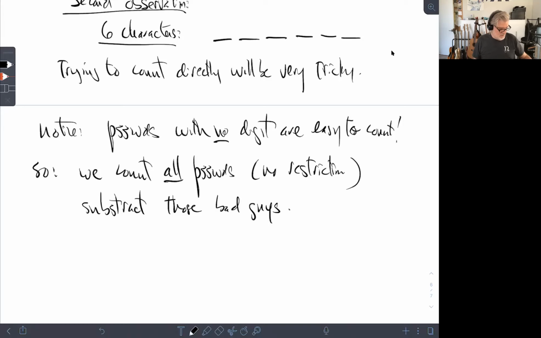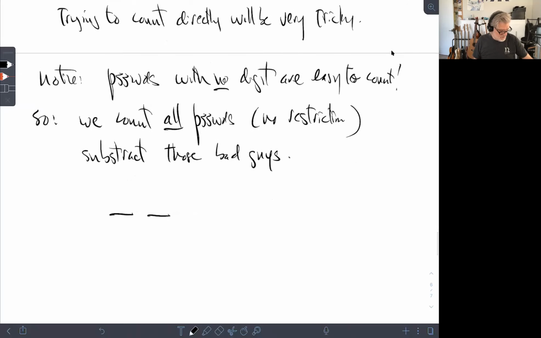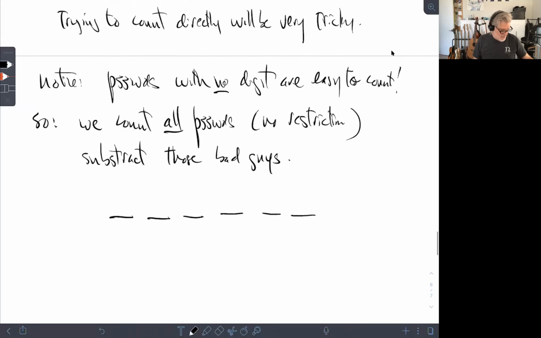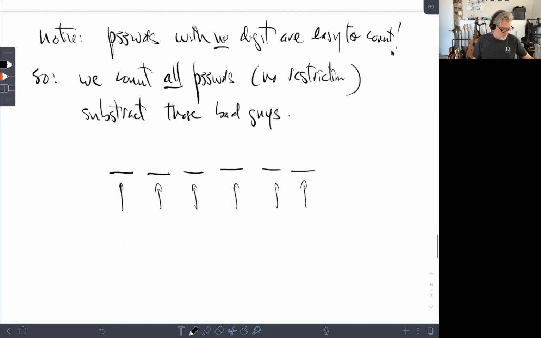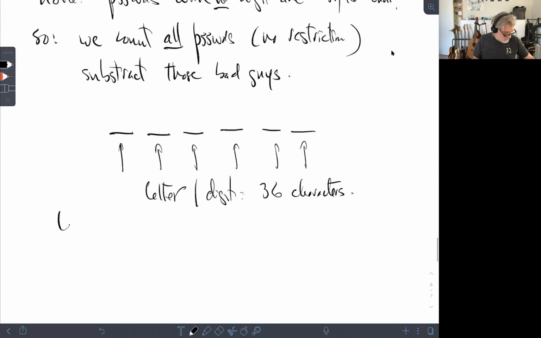I've got 6 positions, and each is either a letter or a digit. That's 36 different characters in each position. So the total, using the product rule, is 36 times 36 and so on, which is 36 power 6.